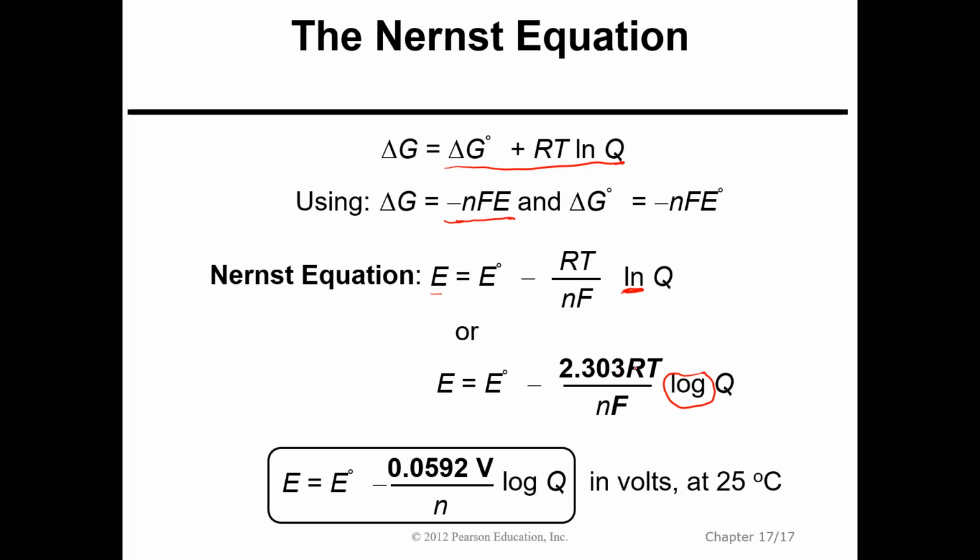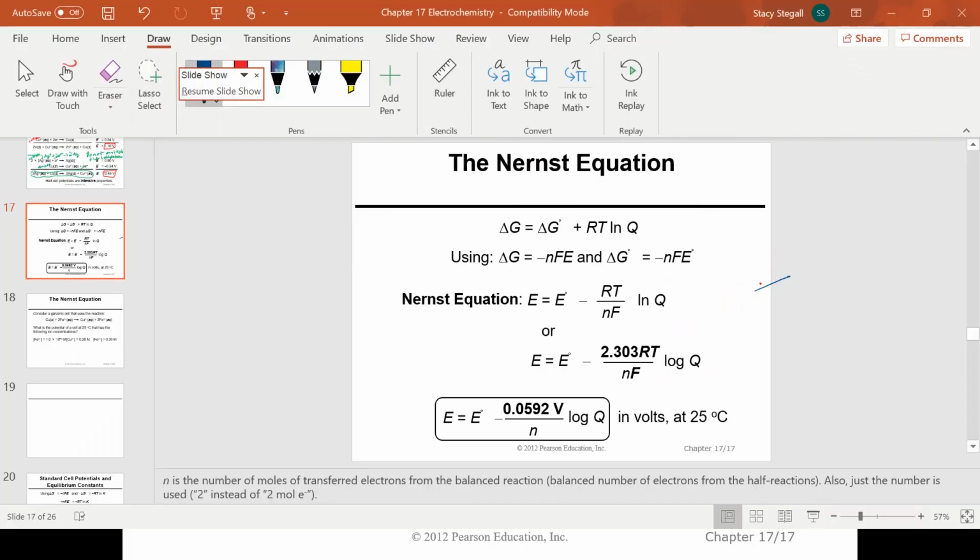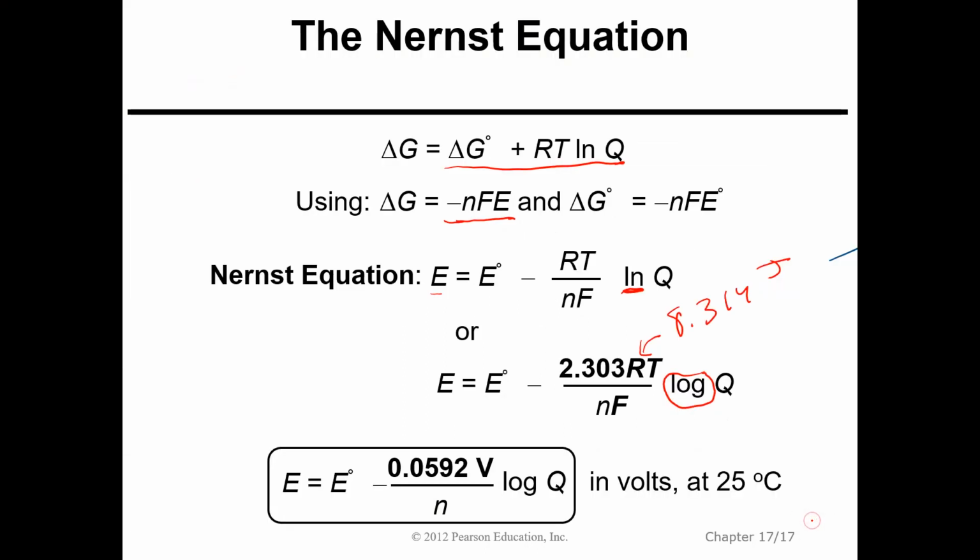Now we know what the value for R is. That is 8.314 joules over Kelvin times moles.